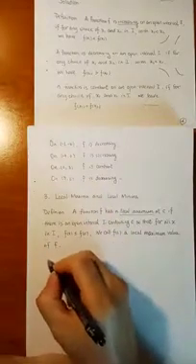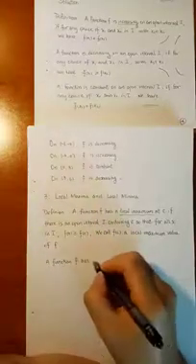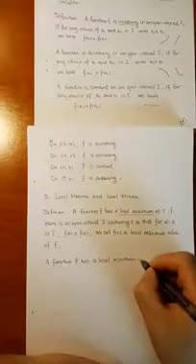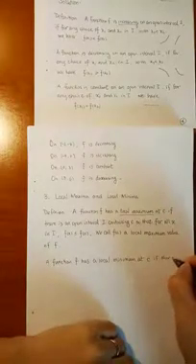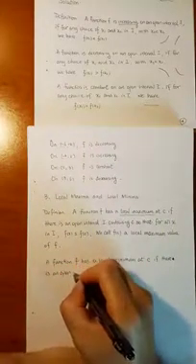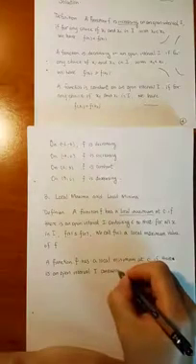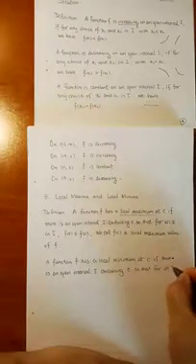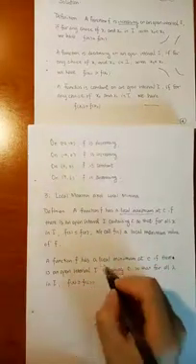Okay, and similarly, a function f has a local minimum at c if there is an open interval I containing c, so that for all x in I, f(x) is greater than or equal to f(c). This is local minimum, the property.